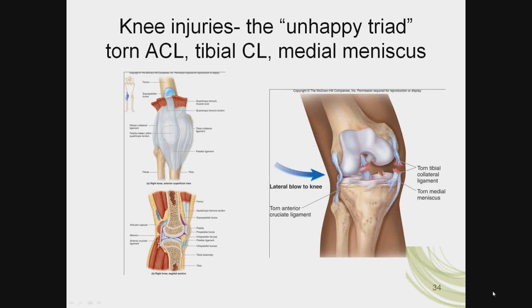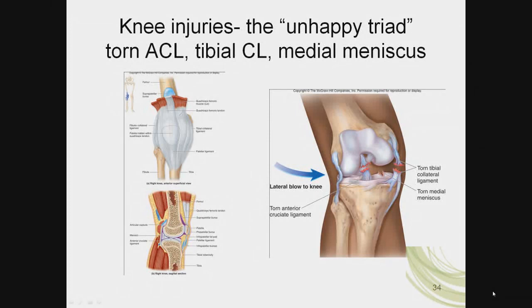The "unhappy triad" of injuries refers to a triple injury of the tibial collateral ligament, medial meniscus, and anterior cruciate ligament. This is the most common type of football injury. It occurs when a player is illegally clipped by a lateral blow to the knee and the leg is forcibly abducted and laterally rotated. If the blow is severe enough, the tibial collateral ligament tears, followed by tearing of the medial meniscus, as these two structures are connected.